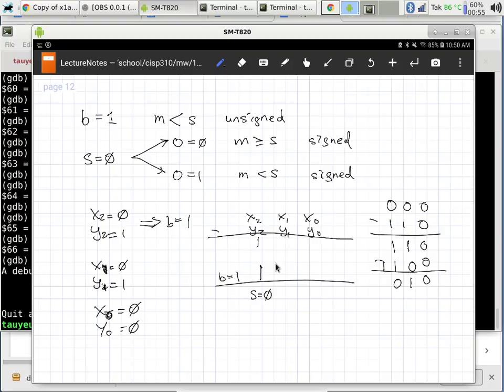So do you see how I used the definitions of the borrow flag and the definition of the sign flag to at least come up with a first guess of how to set it up? Is that okay? Yep. Oh, there are many answers. Correct. There are multiple answers to this question. That is correct. Which also means, if everybody gives me exactly this answer, then I will probably have some suspicion.